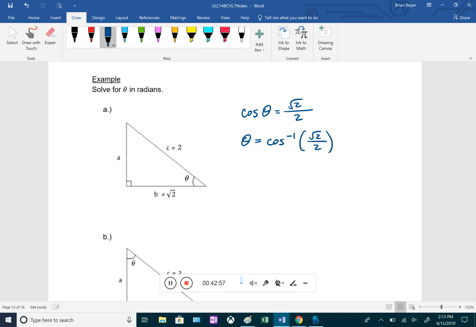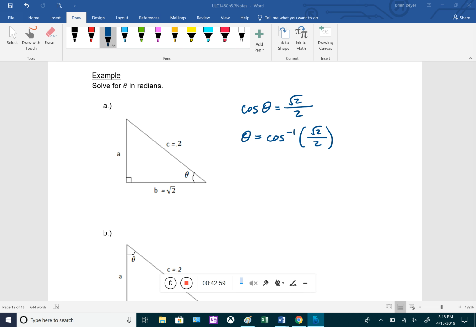Since this answer wants it in radians, we're going to want the exact answer, most likely using the table, or hopefully we start to have some of these memorized. So we think, cosine of what angle equals radical 2/2? That would be pi/4. So our angle here in radians is pi/4. In degrees, this would be 45 degrees.